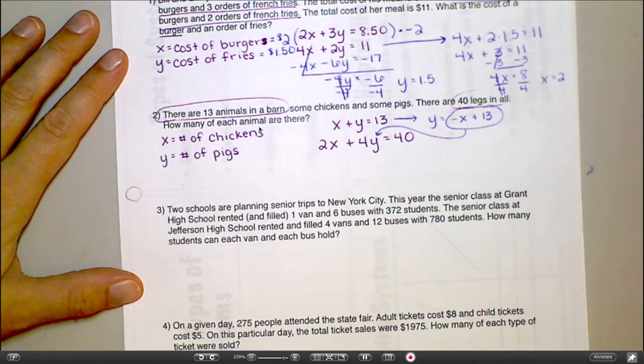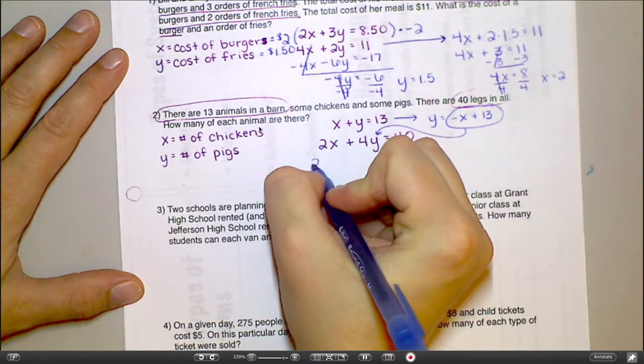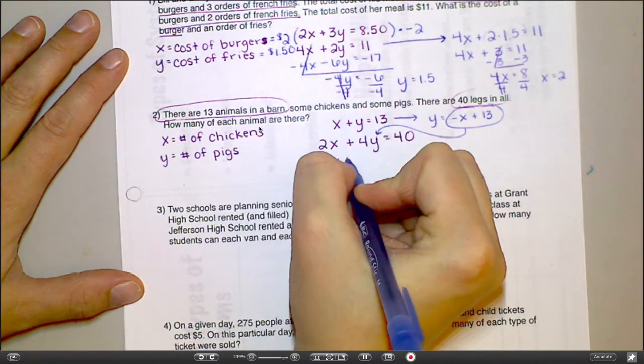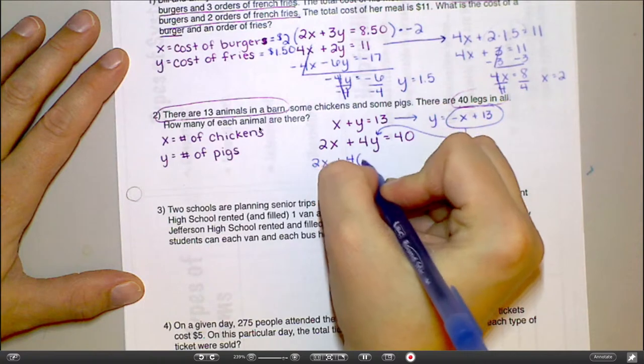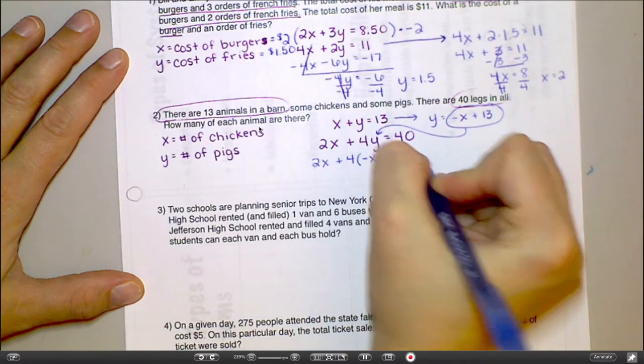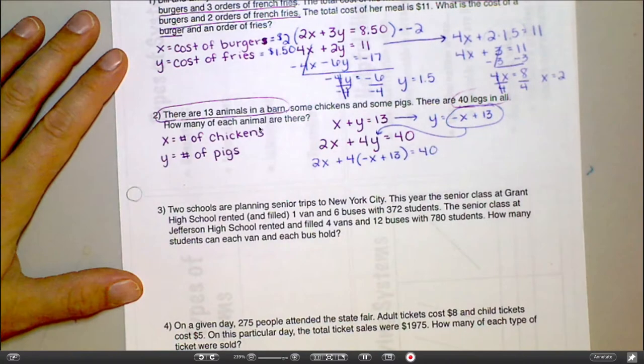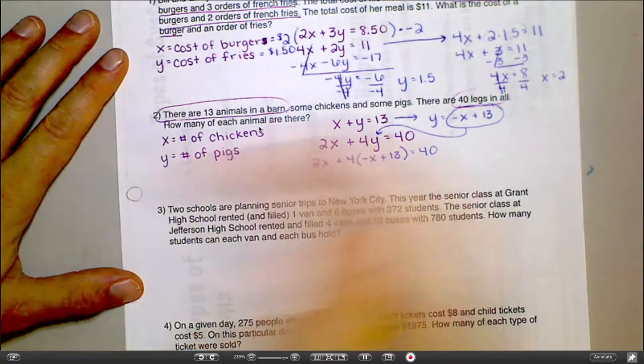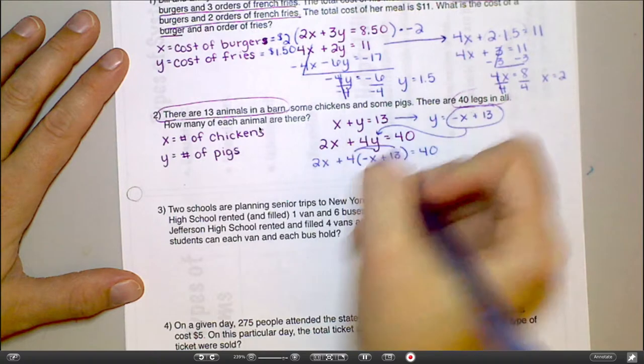So then I'm going to have 2X plus 4 times negative X plus 13 equals 40. Let's distribute the 4.